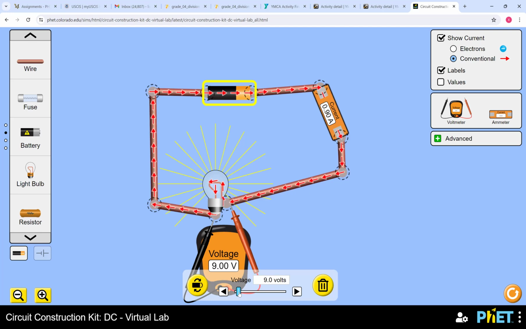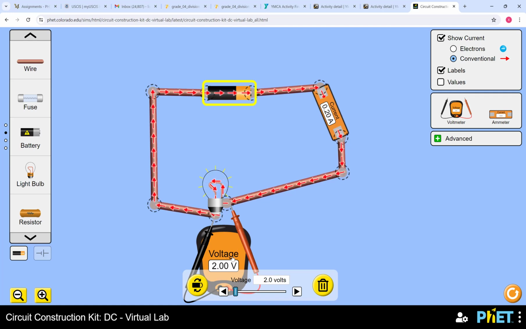We are going to start from 2 volts. You are going to read the voltage reading here, 2 volts, and record the current reading here. So basically, you are going to record 2 volts and 0.28 amps.